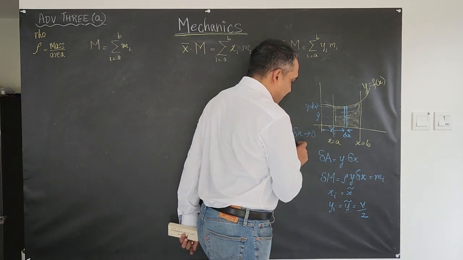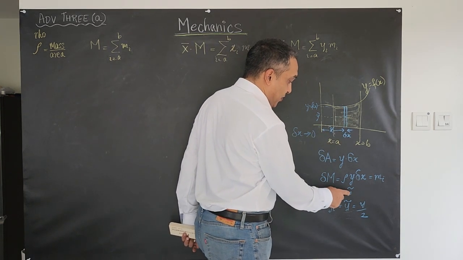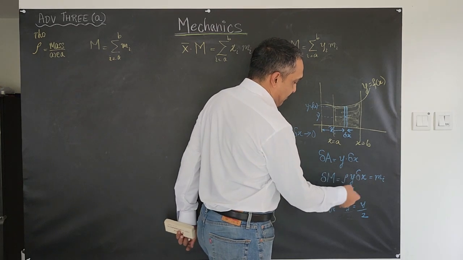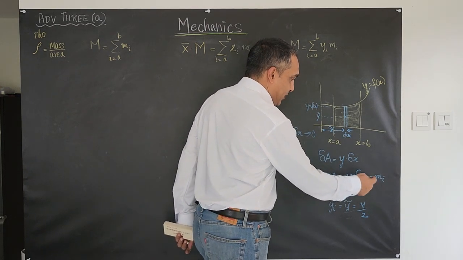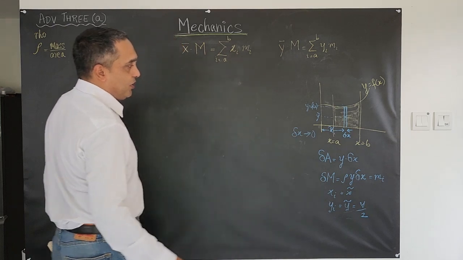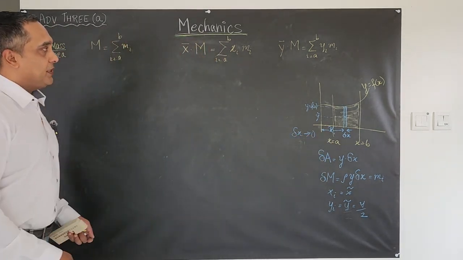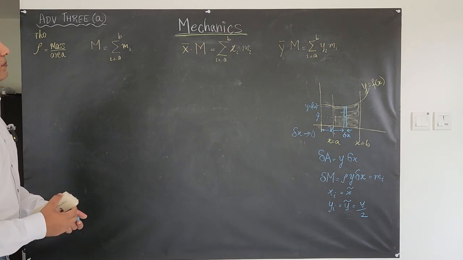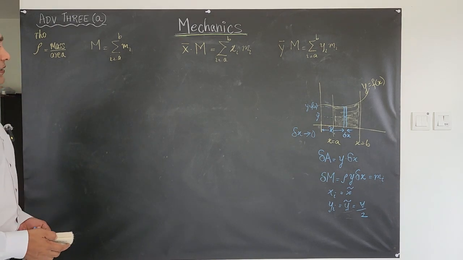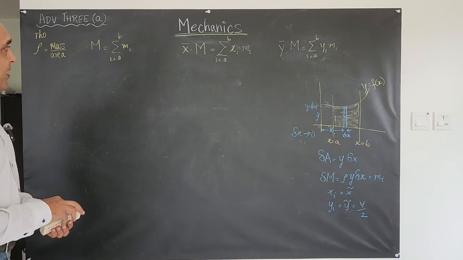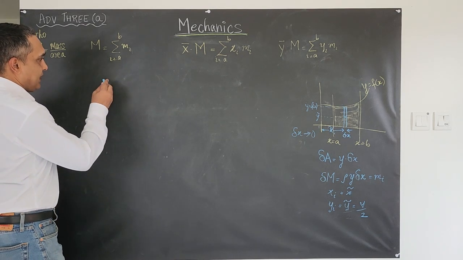There is no variation of x here. So you wouldn't say x plus delta x, the whole divided by 2. And there is no delta x by 2 because delta x is already tending to 0, right?